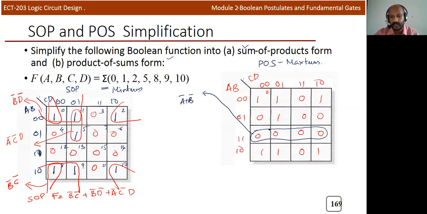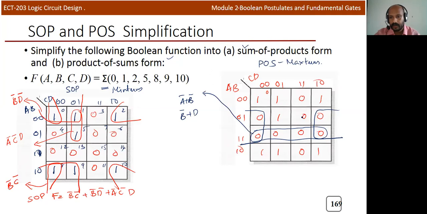Okay, column wise there is no common term, and here you can group like this: zeros. If you consider this second and third row, the common term is B actually. So instead of that, you will write B bar, and the first and last column, the common term is D bar actually. Instead of that, we will write D. So it's B bar plus D.